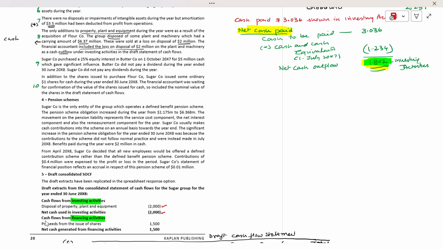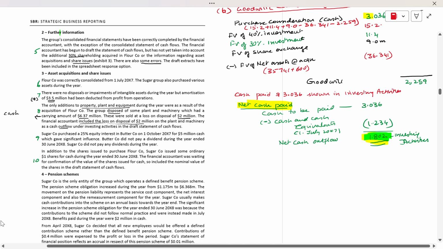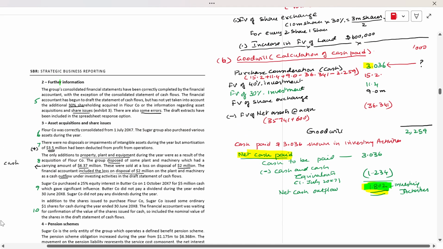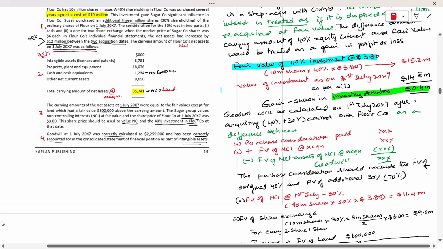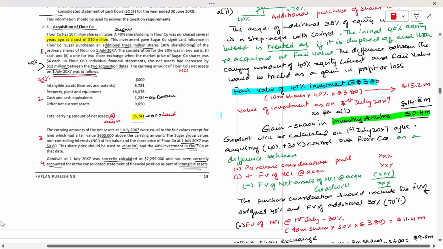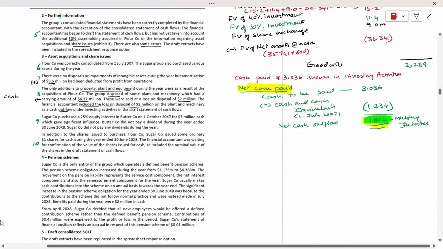In addition to that, the shares issued. See the relations with respect to the purchase of Butter. Anywhere it is given, it will be there somewhere. It has to be there.